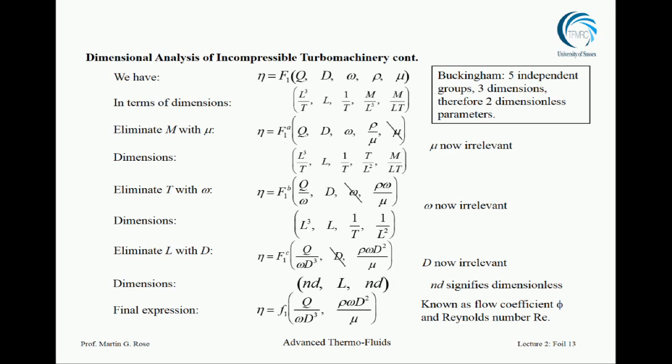The density is kilograms per cubic metre, which is mass per unit volume, so M over L cubed. The viscosity, as I showed you in the derivation earlier on, is M over LT. That's the strange one which you'd probably benefit from remembering, that it's M over LT for viscosity.